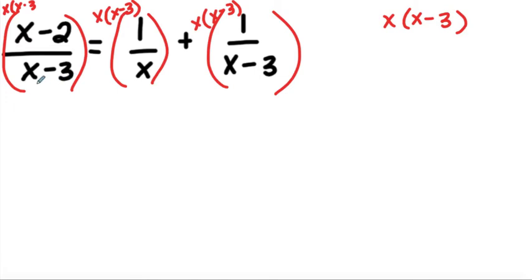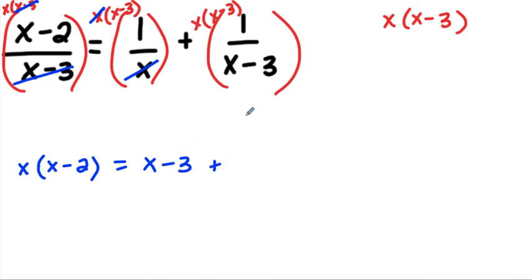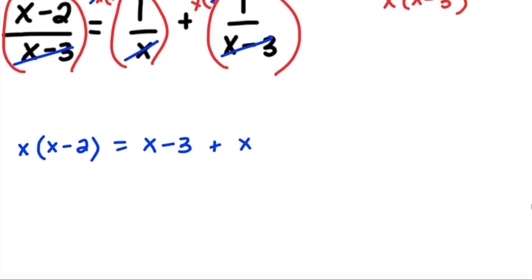So the x minus 3's cancel in the first one, and I'm left with x times x minus 2. In the second one, the x's cancel, and I'm left with x minus 3. In the third one, the x minus 3's cancel, and I'm left with x. Okay, so I've got some work to do now.